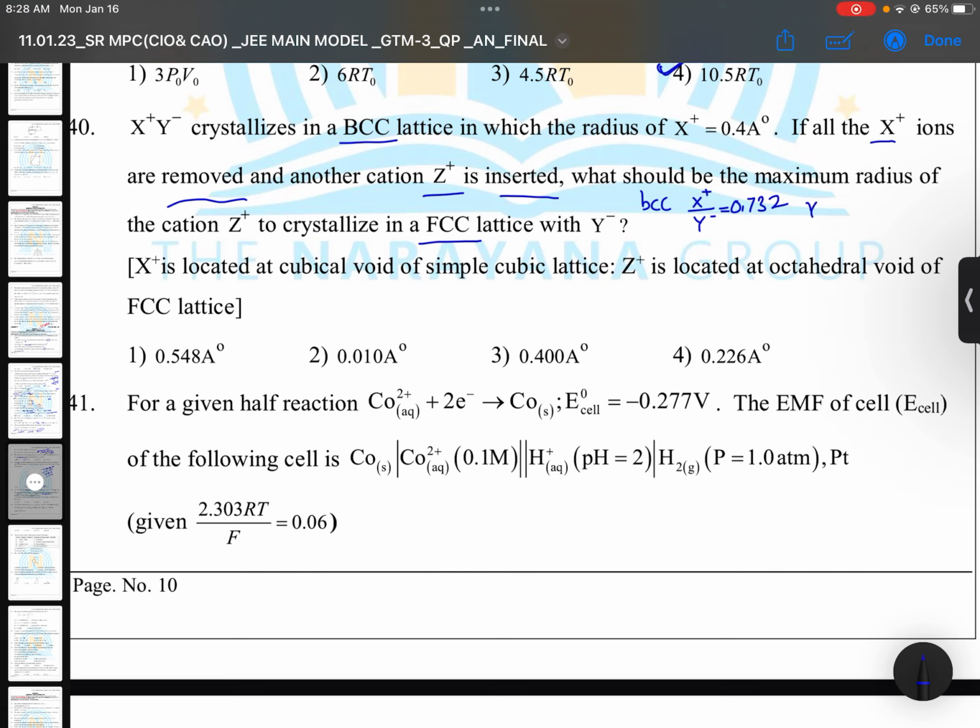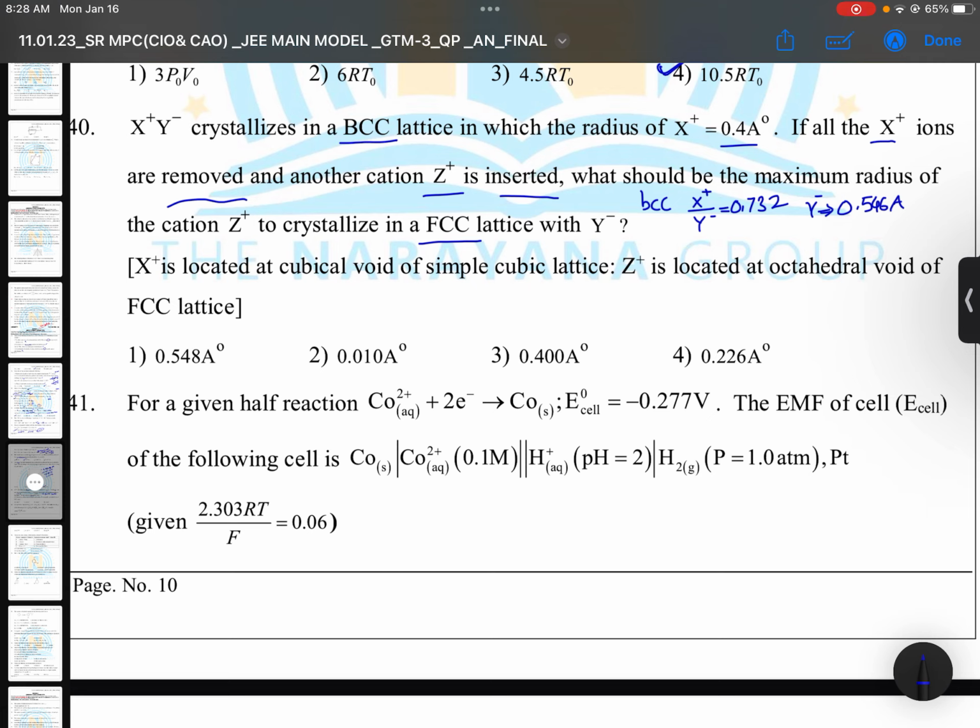So the Y minus radius will come from this, because the X plus value is given. So 0.4 by 0.732 is 0.546.